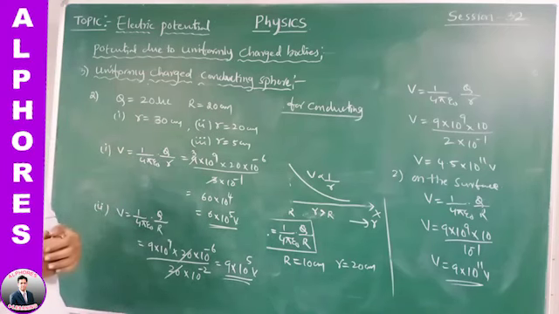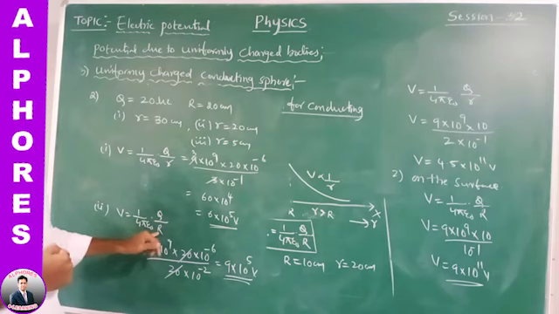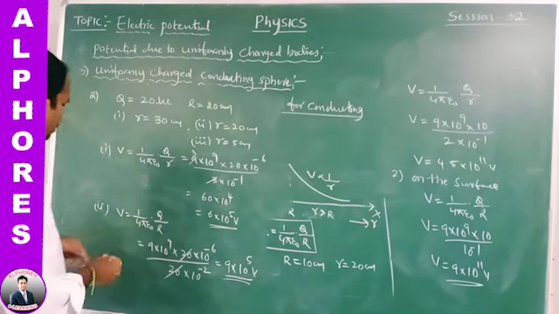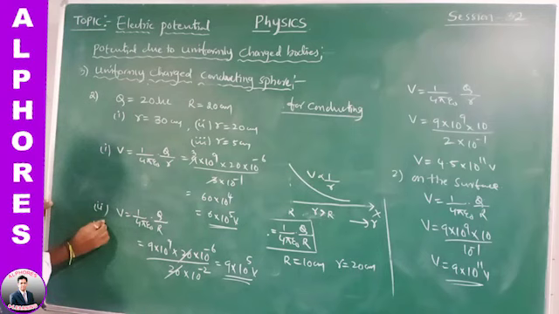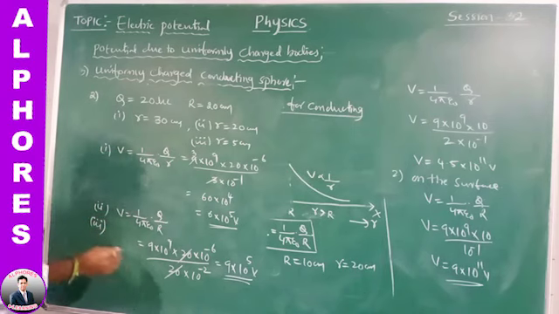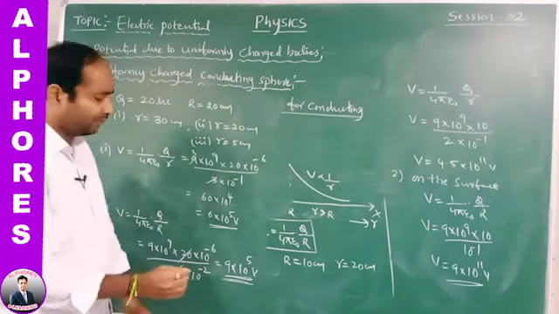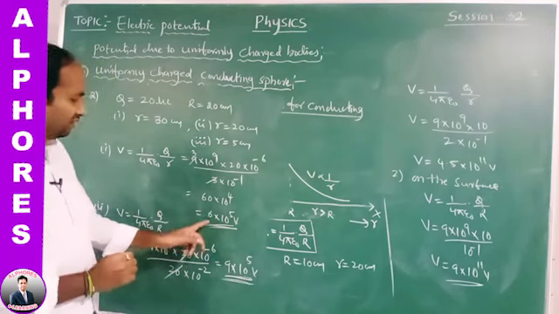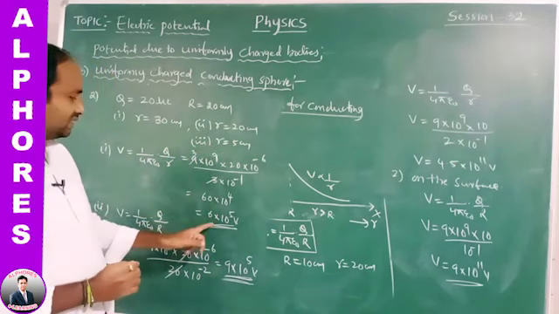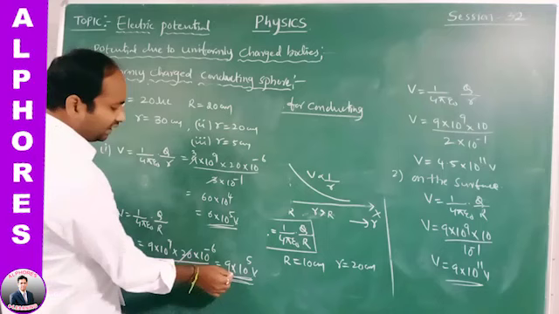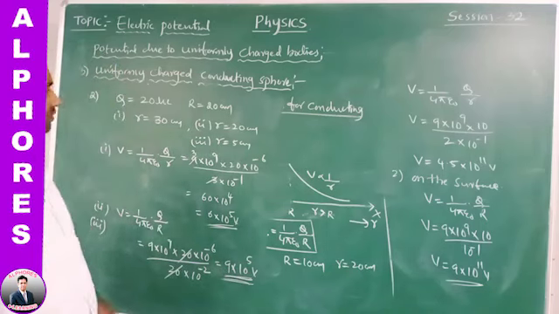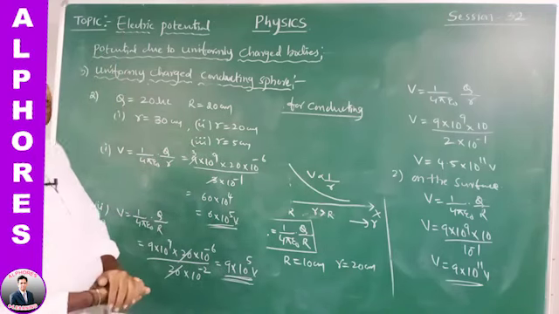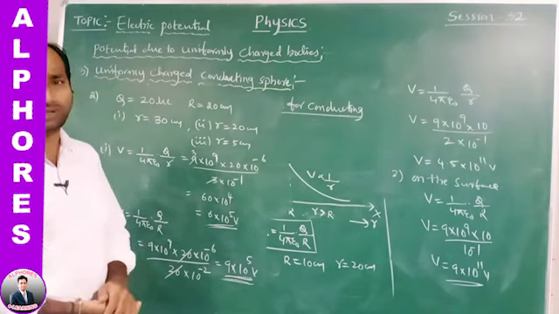For inside, the formula is again 1 by 4 pi epsilon naught, Q by R. So for the second and third, the answer remains the same, 9 into 10 power 5 volts. But the first one, at a point outside, is 6 into 10 power 5 volts. So this is about the potential due to different types of charged bodies.